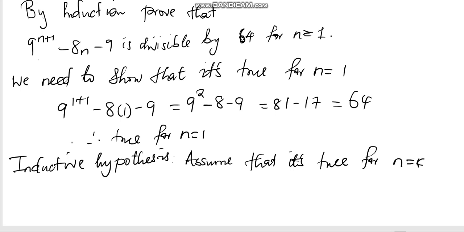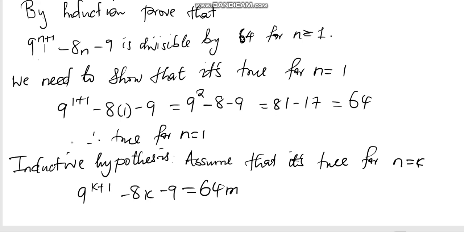So showing that it's true for n equals k, we get this expression, then we equate it to a number. When we substitute n with k, we equate it to 64 multiplied by a variable of our choice, in this case m. So we have 9 to the power k plus 1 minus 8k minus 9 is equal to 64m, to represent a number.